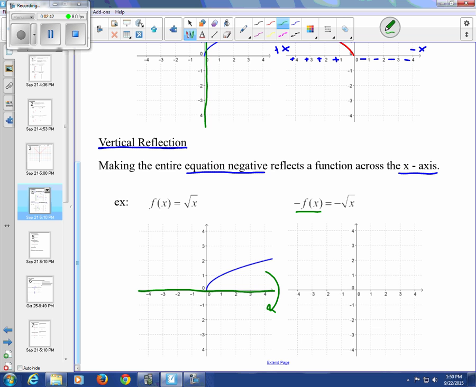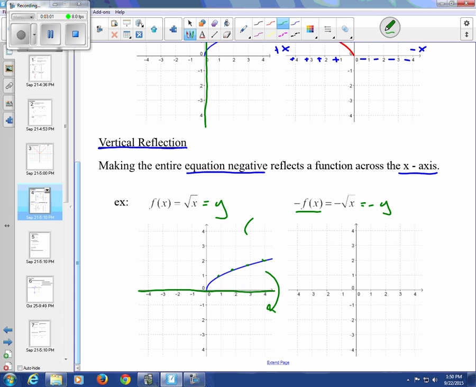And in general, what we can think from our example right here is that just like before when we talked about translations, that square root is really defining the y values in the ordered pairs of our function, right? And what we're doing when we make that square root negative is we're making all of those y values negative.